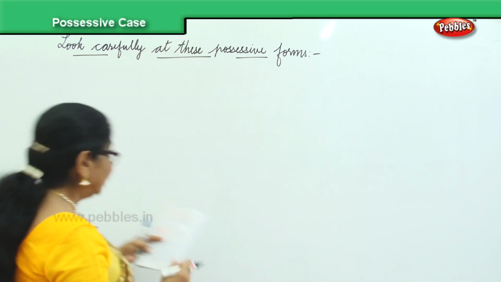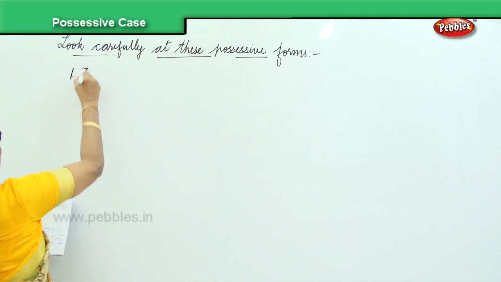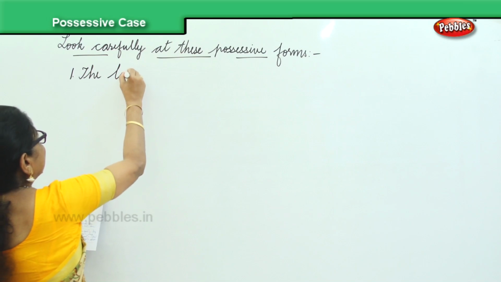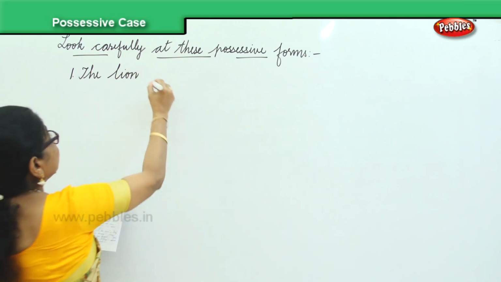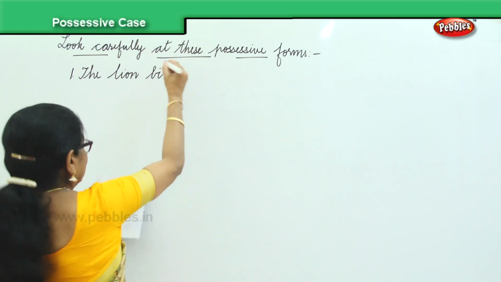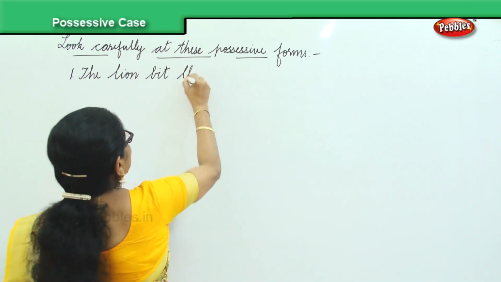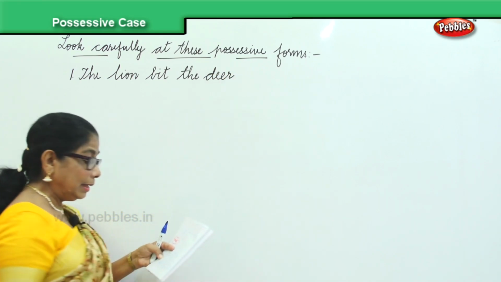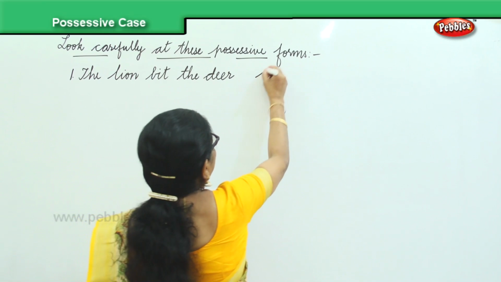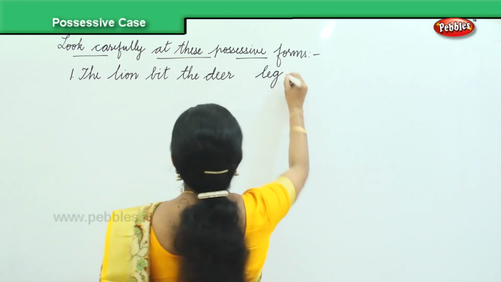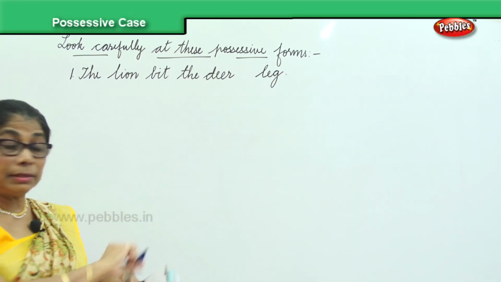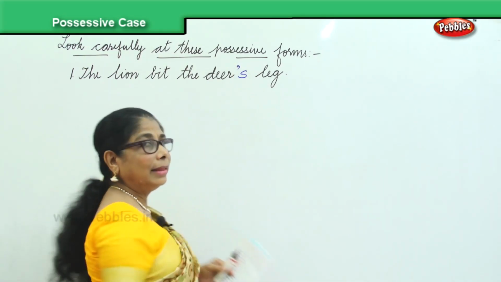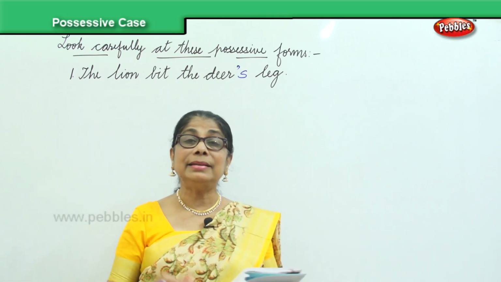Now, the first sentence, the lion bit the deer. The lion bit the deer leg. Now, you're talking about the deer. So, deer's leg. The lion bit the deer's leg.